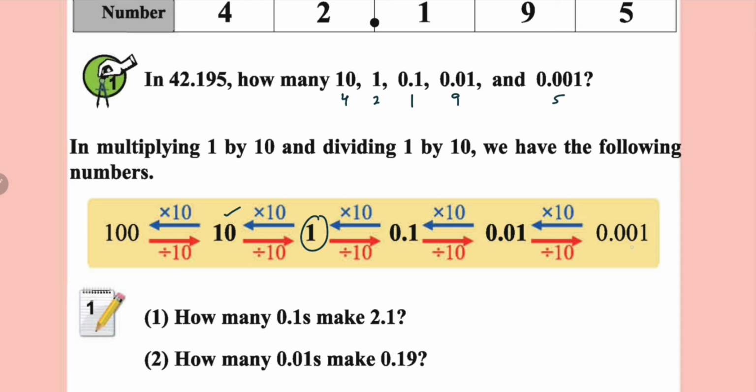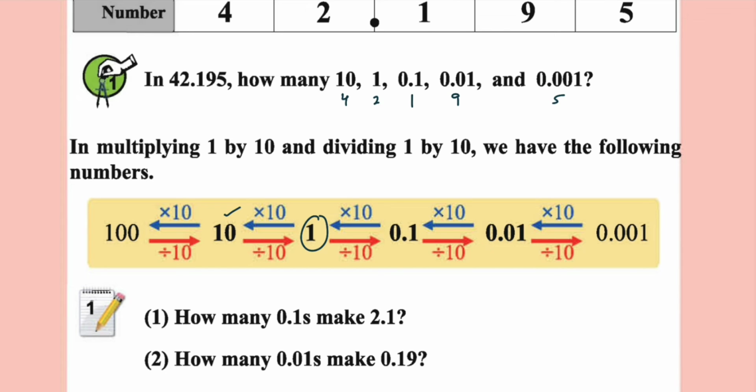When you multiply a number by 10, the decimal point shifts towards the right by a single digit. When you divide a number by 10, the decimal point shifts towards the left by one digit. If you divide it by 100, that is 10 into 10, by 2 digits, so 100.0 becomes 1.0.